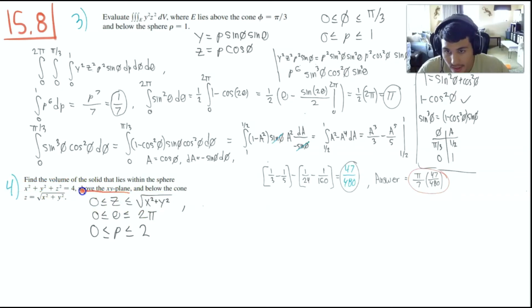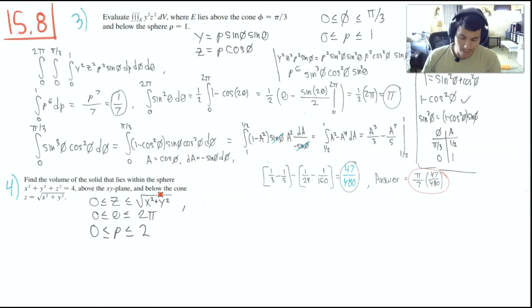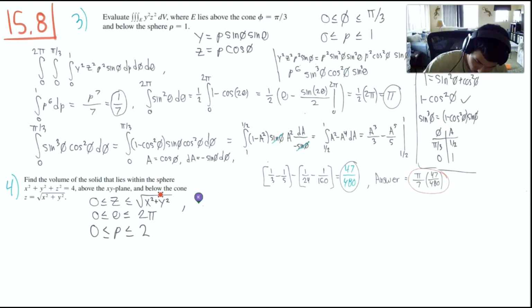Now this tells us that everything is above the xy plane and it's below the cone. Well, that tells us that phi is not going to be dependent on the sphere, but phi is dependent on the cone. That's why I wrote that. So let's turn this z into z squared, just to get rid of the square root.